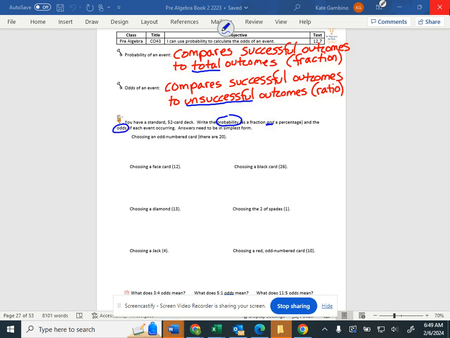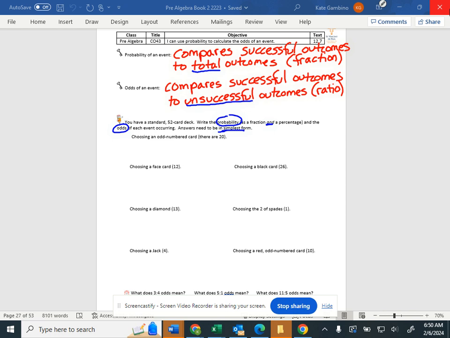Probability is as a fraction. We're going to also turn it into our percentage. And the odds are as our ratio, keeping in mind that our final step, like always, is going to be simplify, simplify, simplify. So what is the probability and what are the odds for choosing an odd numbered card?